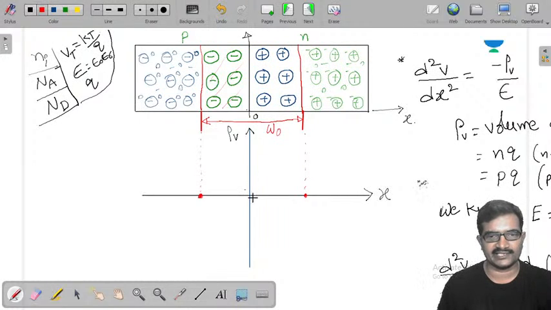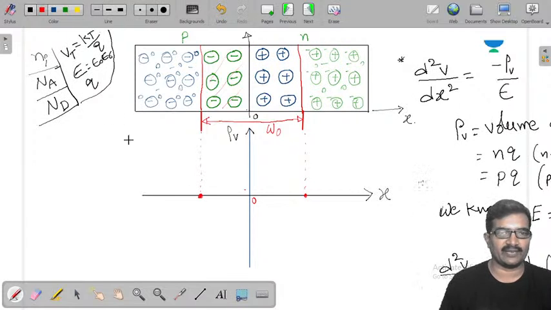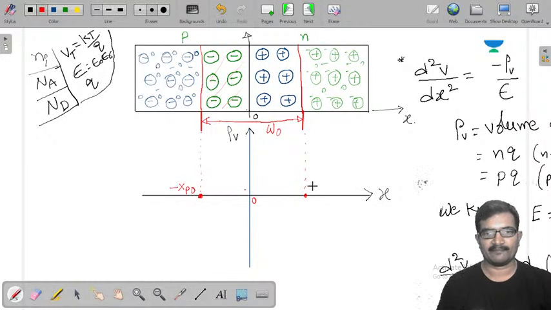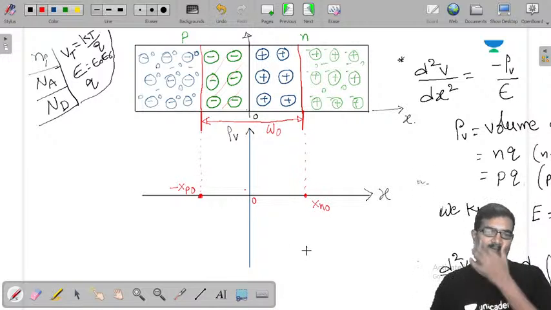So once it is 0, this is minus xp naught, the extension of the depletion region towards the p region, and this is xn naught, the extension of the depletion region on the n side.